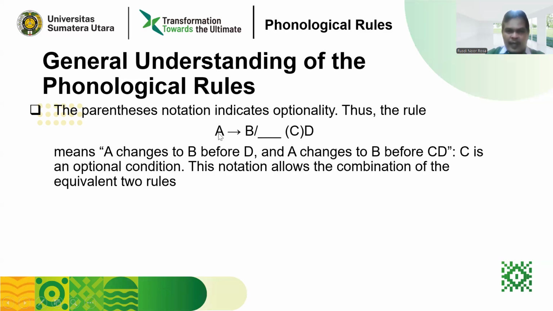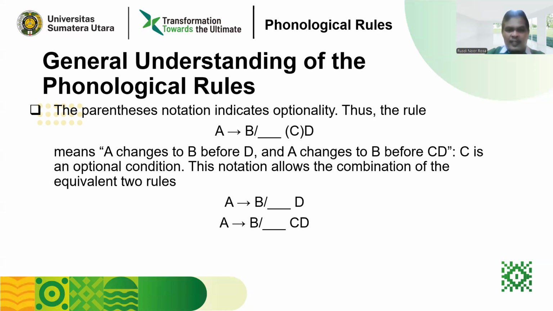So we can say that A changes to B whenever A is located before D, or before C and D. That's how we read the formula or how we read the rule. So A changes to B whenever A is placed before D or before C and D. Okay, so we can say that C is optional, but D is obligatory.